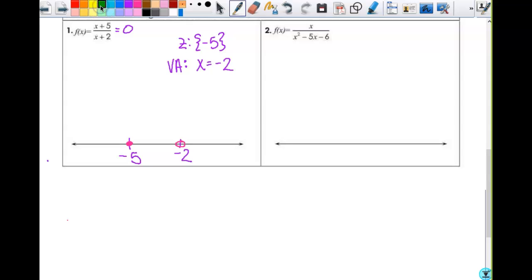Then we are going to substitute numbers in just like we did for polynomials, except now it is a fraction, but it's all good. So if I substitute -6, in the numerator it's going to give me a negative number. -6 in the denominator gives me a negative number. And negative divided by negative is positive. So it's positive overall.